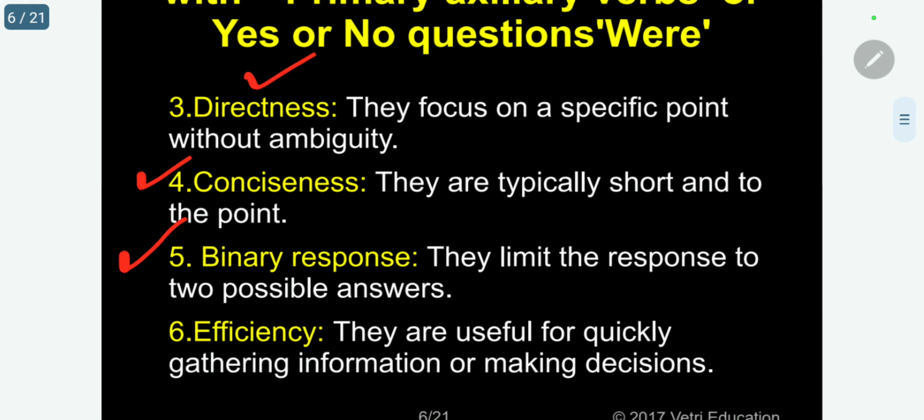They limit the response to two possible answers, either yes or no. So the only two answers possible are yes or no, so an immediate response. And 6. Efficiency. They are useful for quickly gathering information or making decisions. In all other sentences, we have to read completely and understand. But here, if we say yes or no, immediately we understand the clear information. So, quickly gathering information. Please follow.